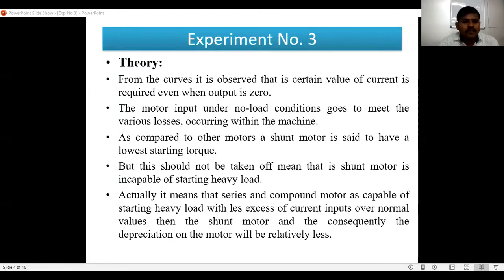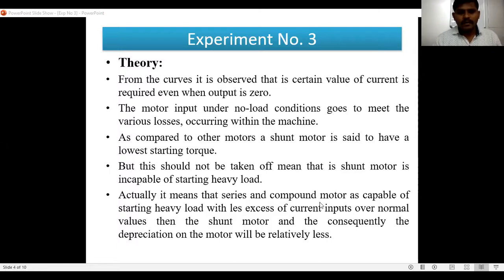So over a normal value, then the shunt motor and consequently the depreciation on the motor will be relatively less. Motor चं जे काही depreciation असेल, so this depreciation of the motor is relatively less in that case. Okay, so shunt motor and consequently the depreciation on the motor will be relatively less.